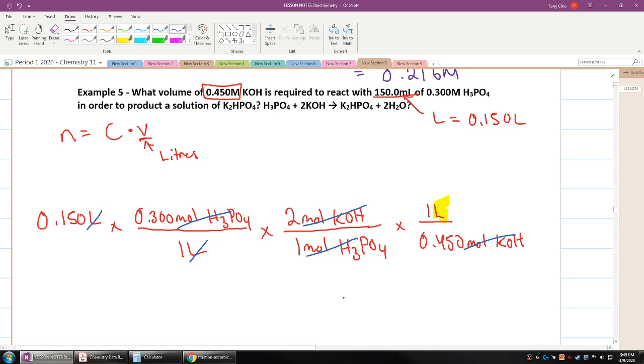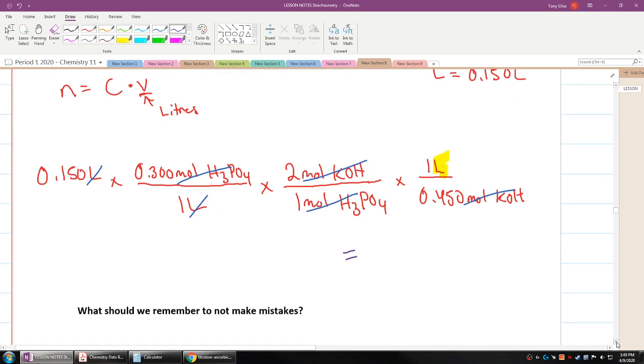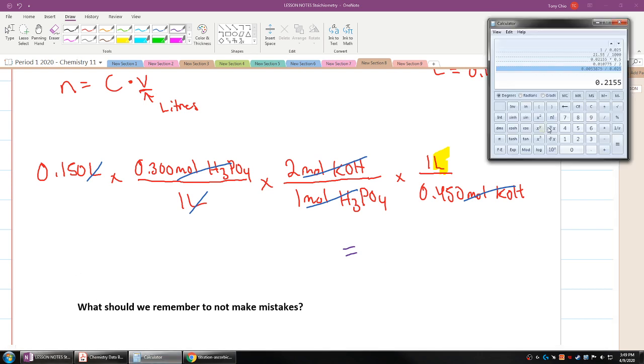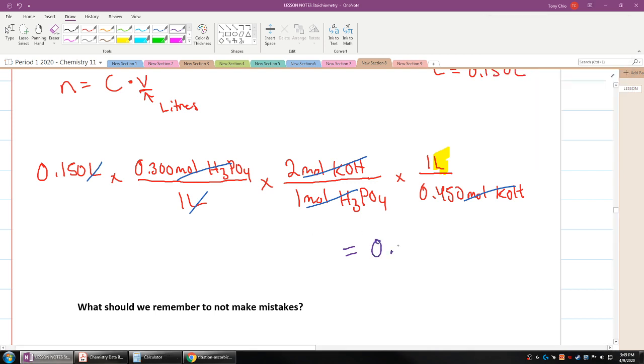Once you punch this in your calculator, you can find the volume of KOH: 0.15 times 0.3 times 2 divided by 0.45, and you're going to get 0.2 liters.